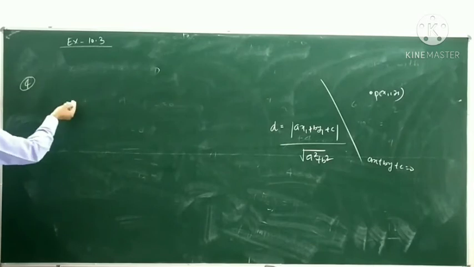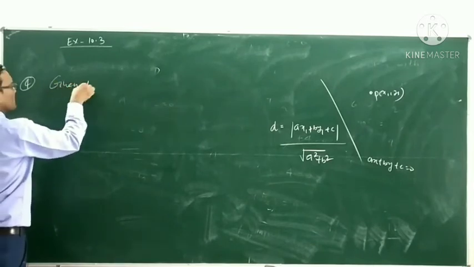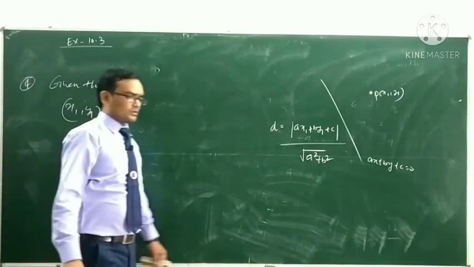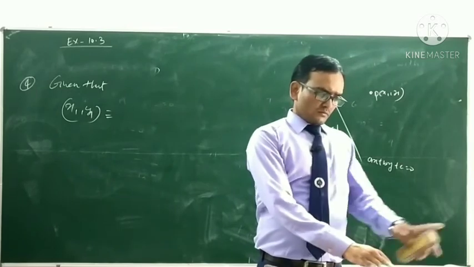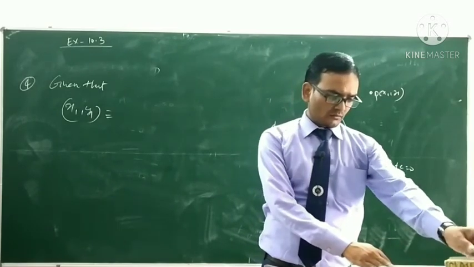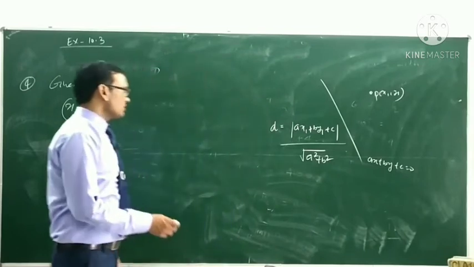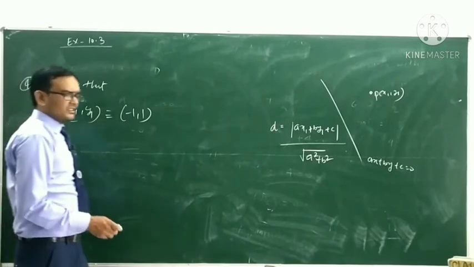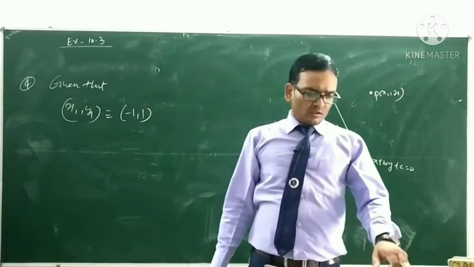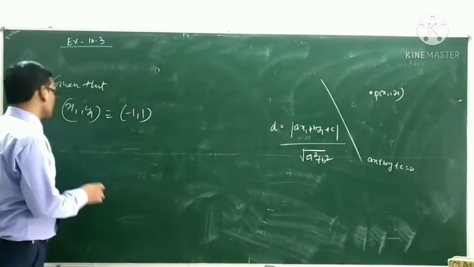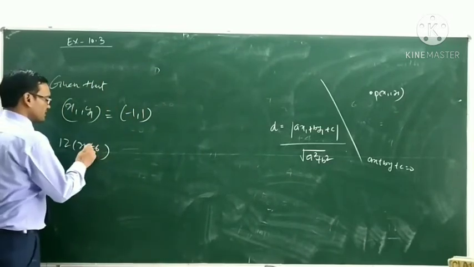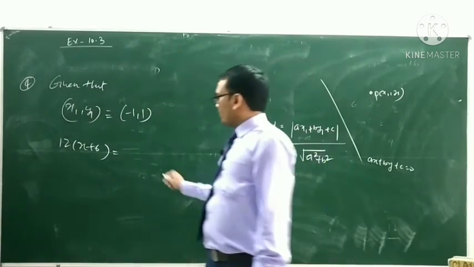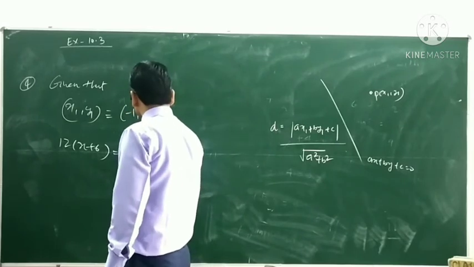Question number 4, the given point is x1 comma y1 equal to minus 1 comma 1, and the equation of the line is 12x plus 6 is equal to 5 into y minus 2.